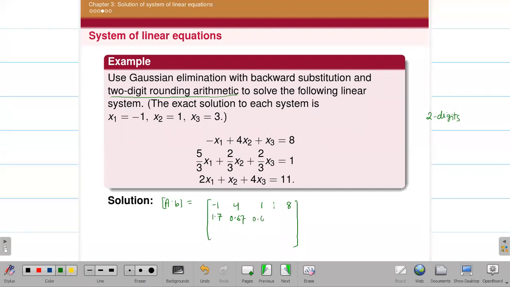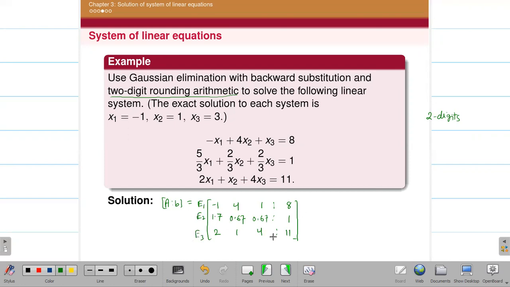Then 2, 1, 4 and 11. This is the first row, second row and third row.